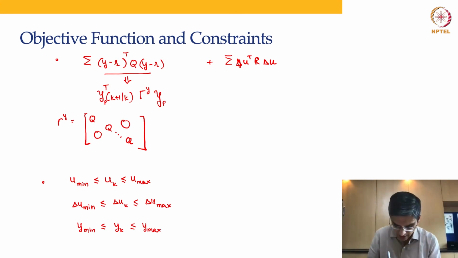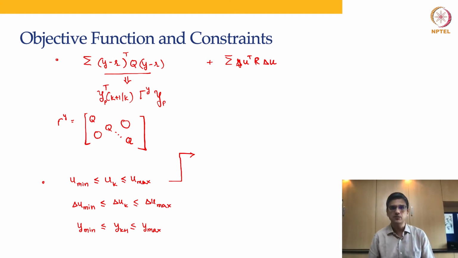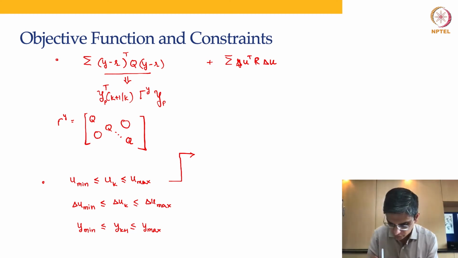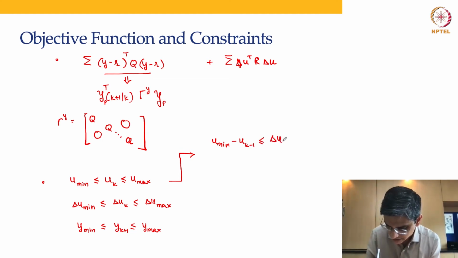Okay, or actually I will write this as y_{k+1}. Now, what do we do with respect to the first input constraints? We write u_k equal to u_{k-1} plus delta u_k, and therefore we can write this as u min minus u_{k-1} less than or equal to delta u_k less than or equal to u max minus u_{k-1}.